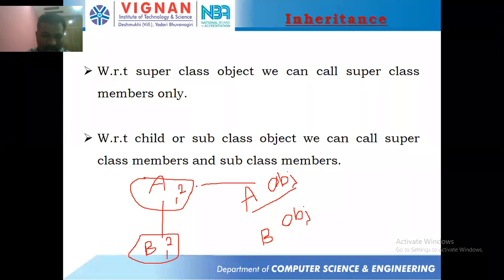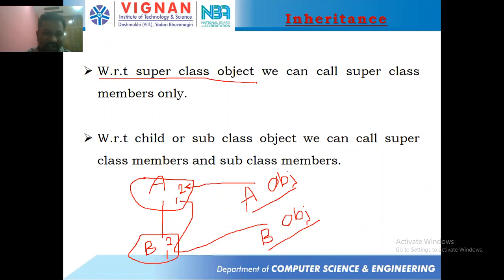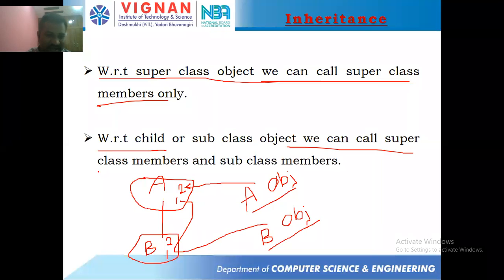Now, if I create an A object, I can call only A class members. If I create a B class object, I can call B as well as A. Both class members I can call. So that's the meaning here. With respect to a parent class object, we can call parent class members only. With respect to a child class object, we can call superclass, that is parent class, as well as child class members.